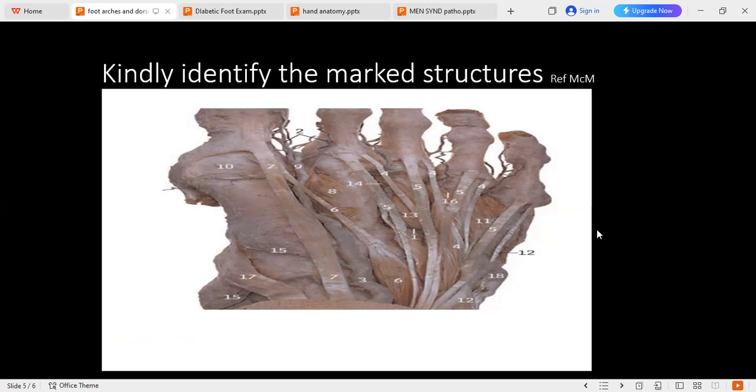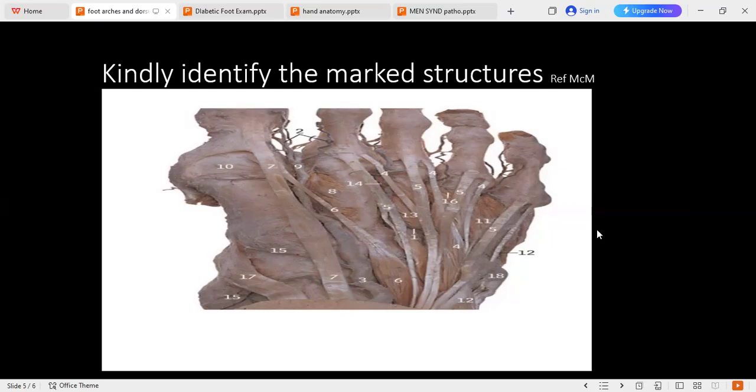Looking at this image, where exactly would you palpate for the dorsalis pedis artery pulse? I will palpate between the first and second metatarsal, and between the extensor hallucis longus and extensor digitorum longus tendon.